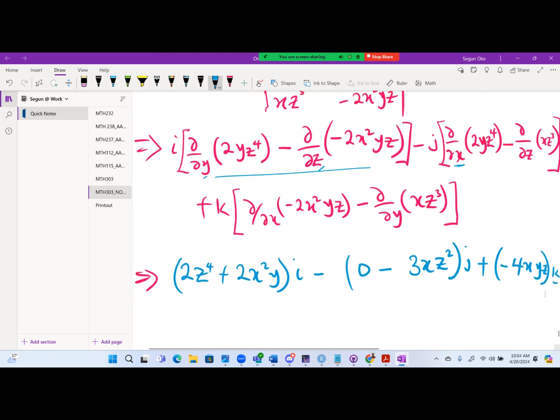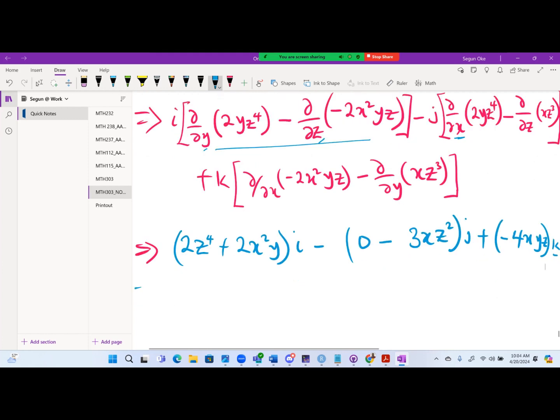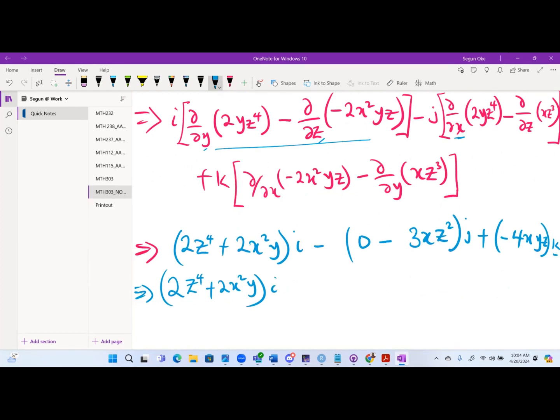So at the end of the day, let's write our component again: 2z⁴ plus 2x²y i, minus times minus plus 3xz² j, plus times minus minus 4xyz k.